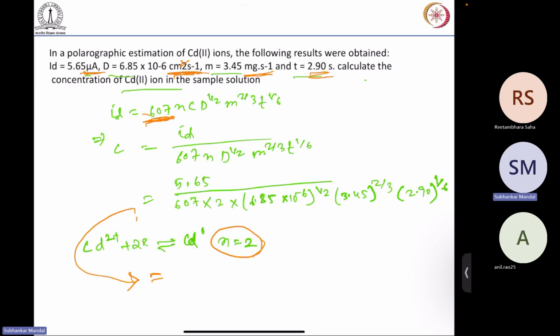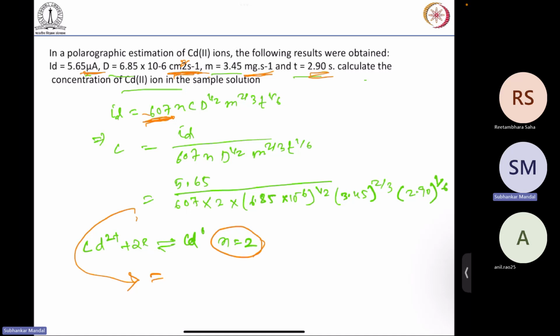This is our CGS unit. If it is in another unit, you have to convert to this unit, then you will get the current value in microampere. If you get the current in milliampere or ampere, you have to convert to microampere, then you will get the right answer.